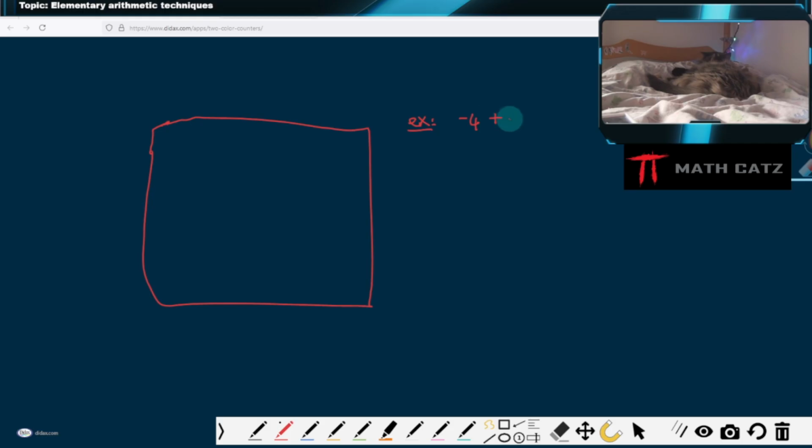Let's say -4 plus 1. Now, it really helps your understanding to imagine a story associated with this calculation. The benefit of the chip model is that it is practically more relevant. It more closely resembles a practical situation.